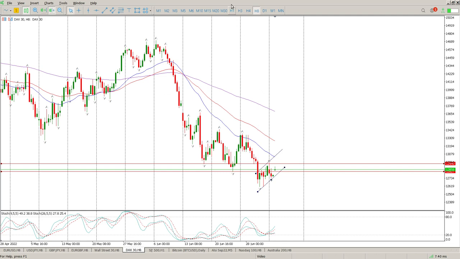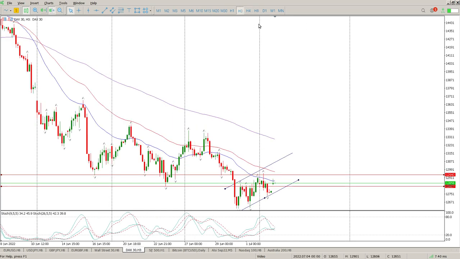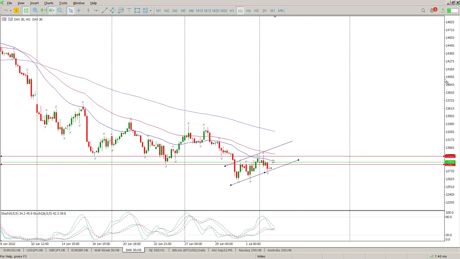So at the moment, if we start drilling down to time frames we can trade, looking at the 3 hour, oscillator's not giving us any view at the moment. We are sort of in this zone. We'll see there's the fractal that we rejected yesterday. And we sort of had a little bit of a gap up. Trend is clearly to the downside, looking at the moving averages. So we should be looking to move with the trend. Oscillator's not giving us a clue at the moment.